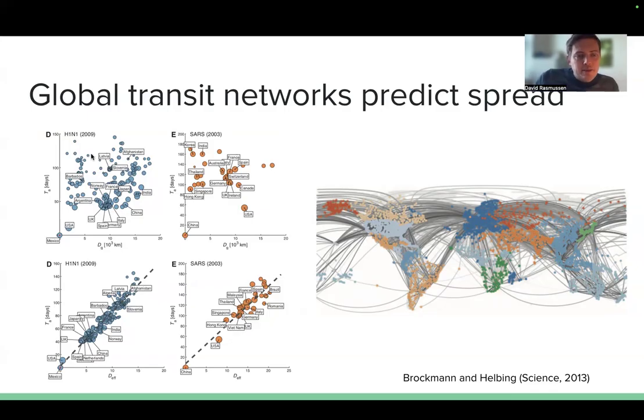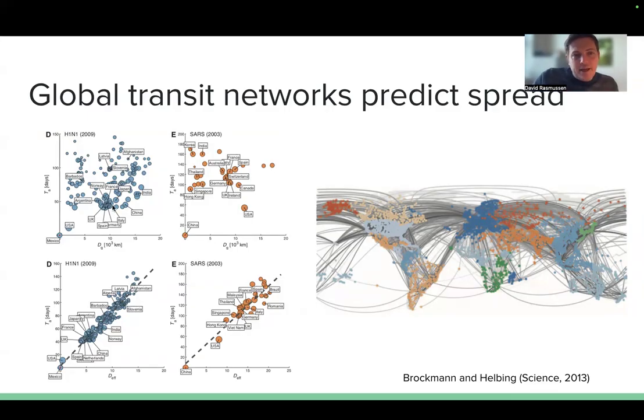So here you can see basically a plot showing how quickly two different pathogens, influenza H1N1, which was the pandemic strain in 2009, as well as the original SARS coronavirus from 2003, how quickly these viruses spread between different locations around the world based on the distance between those different locations.